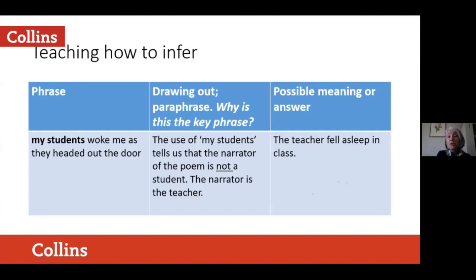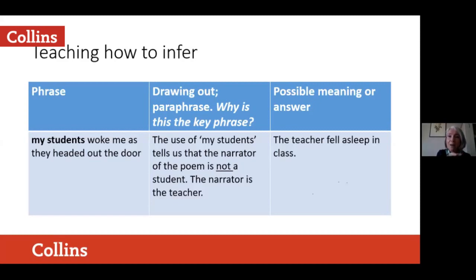So it is the use of the phrase my students that tells us that the narrator of the poem is not a student, therefore the narrator is the teacher, and therefore it is the teacher who fell asleep in class today.